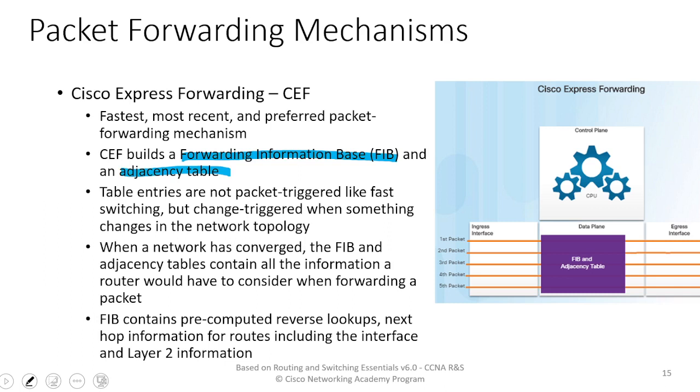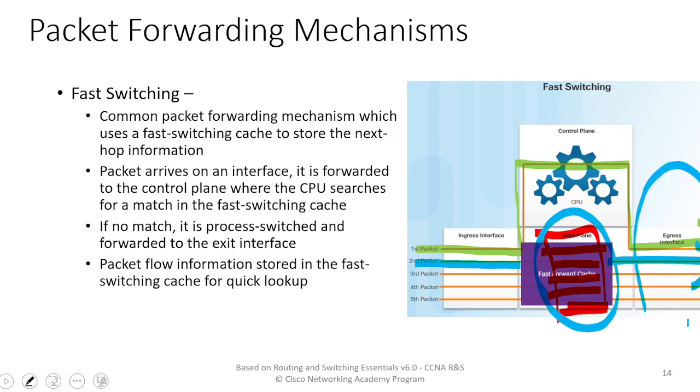So here what happens is, if the network environment changes, if there's a change in the network topology, that change is quickly added in and the tables are updated. The problem with fast switching is, if something happens in the network outside, that information is not immediately reflected in the cache tables.